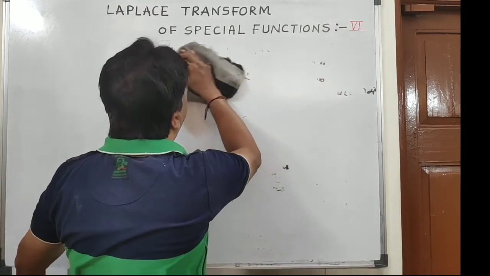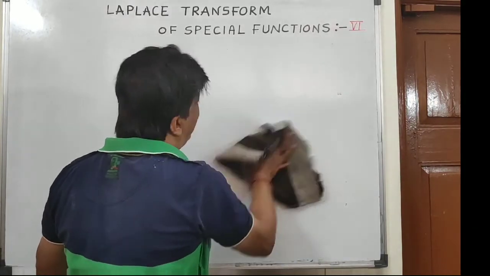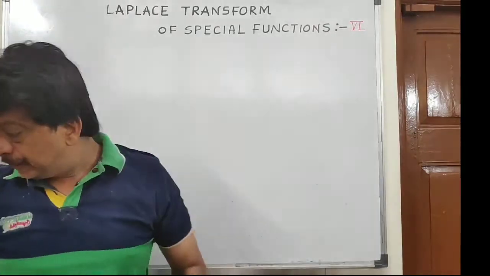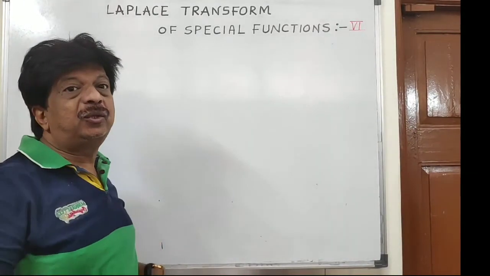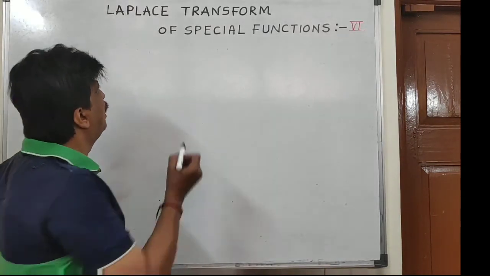Note this. Laplace transform of u of t is 1 by s, and that of u of t minus a is e raised to power minus as upon s. Just we have seen now.